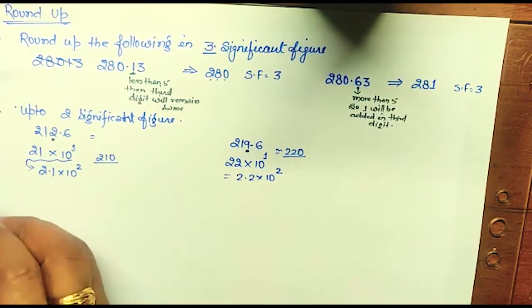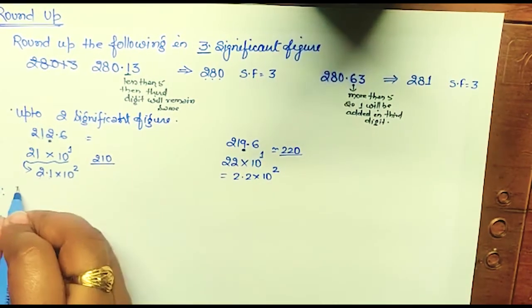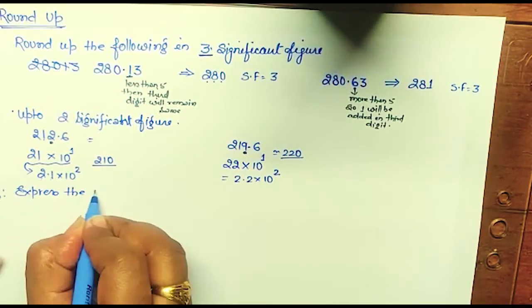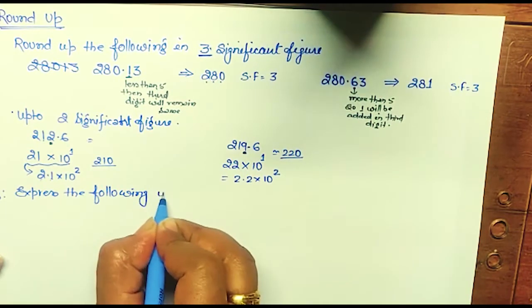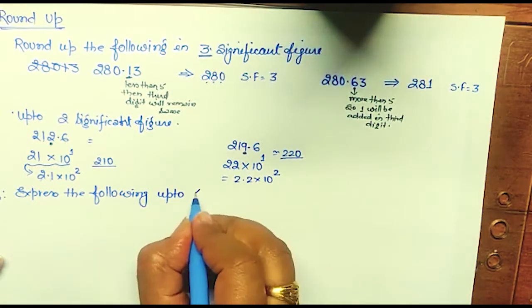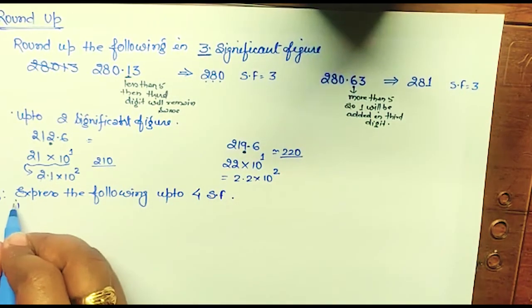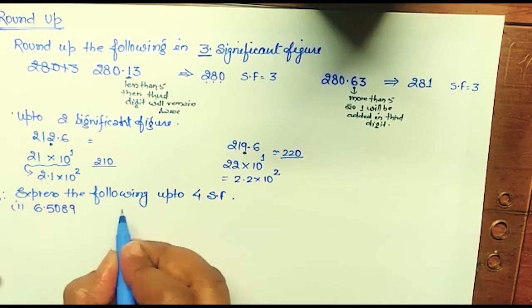Suppose another example I'm giving you, that is for you as homework. Express the following up to 4 significant figures. Okay? And the numbers are: 6.5089.